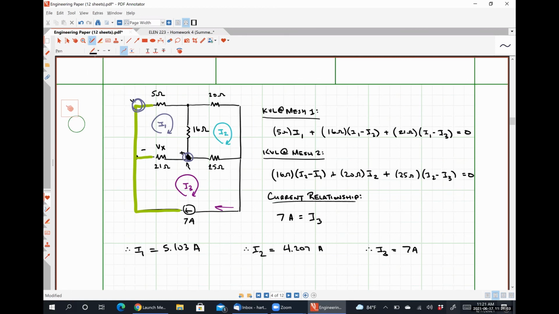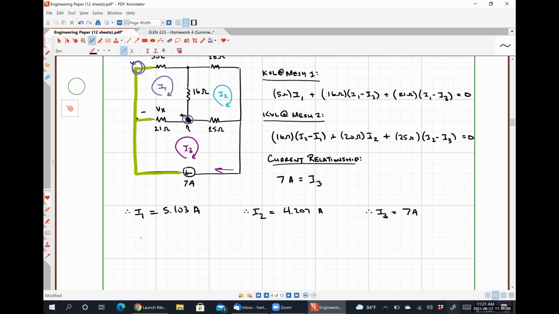Knowing that, how do we solve for Vx? Using Ohm's law? Using Ohm's law, absolutely. Ohms, which is the resistance. So what's the current flowing into the positive polarity terminal? I1? So I1 is part of it, minus I3?